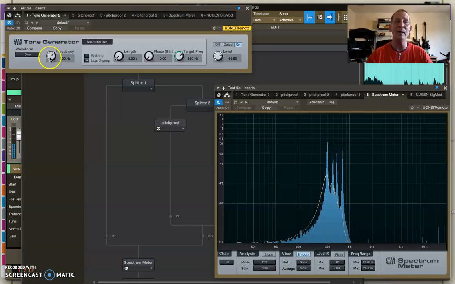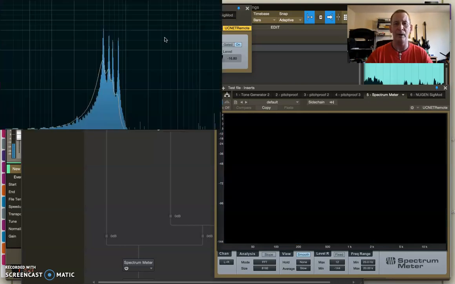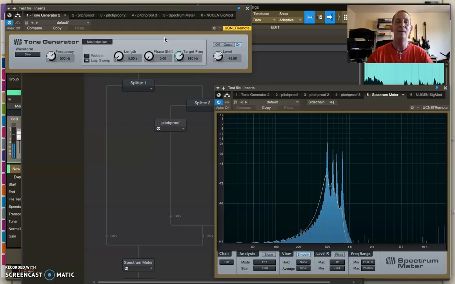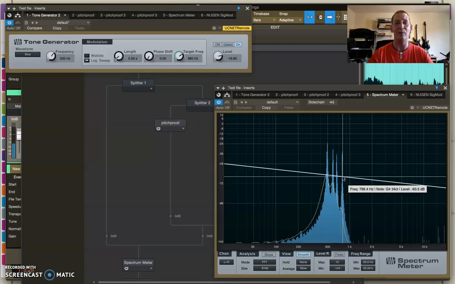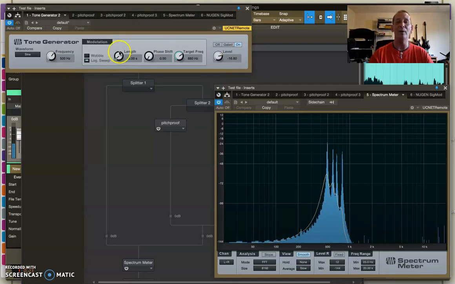I would put the tone generator on there and then automate the frequency. You'll see when we talk about EQ automation that I automated that frequency to follow the other frequency around that fourth or that sixth that I was trying to boost, to where it followed it around.